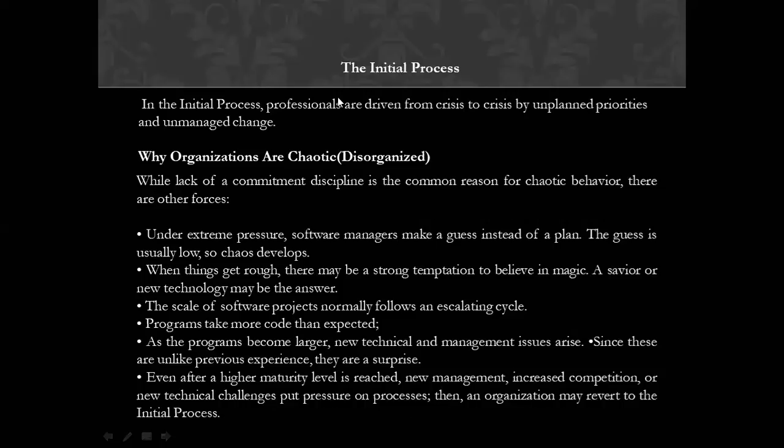If pressure increases after completion of the products, and even if the organization is going at a correct pace, when coming to the maintenance phase some situations arise that the organization is not able to handle, then the organization suddenly falls down to the initial process. That is the meaning of this last one.